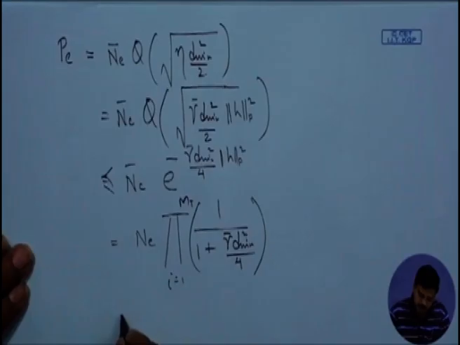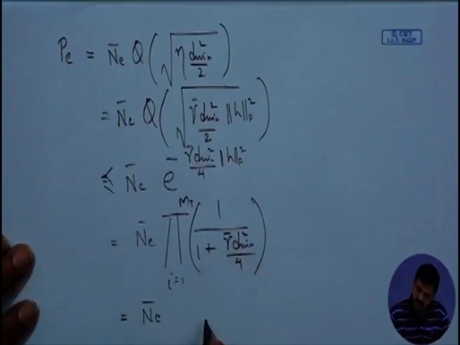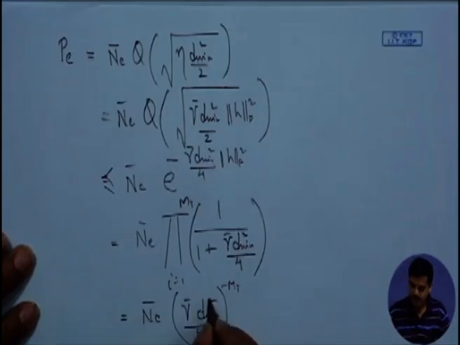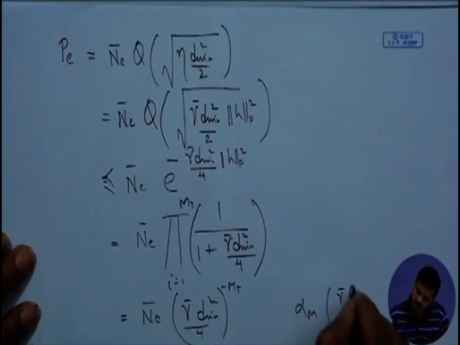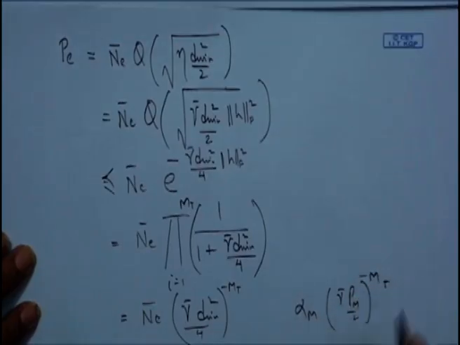And so this would lead to approximately Ne bar times, when gamma bar is much bigger than 1, gamma bar d min squared by 4 raised to the power of minus Mt. So when Mt equals M, this is the same as the other one. When d min squared by 2 equals beta m, and Ne bar is equal to alpha m, you have alpha m times gamma bar beta m by 2 raised to the power of minus M or Mt. So this is again the same expression as that of MRC.